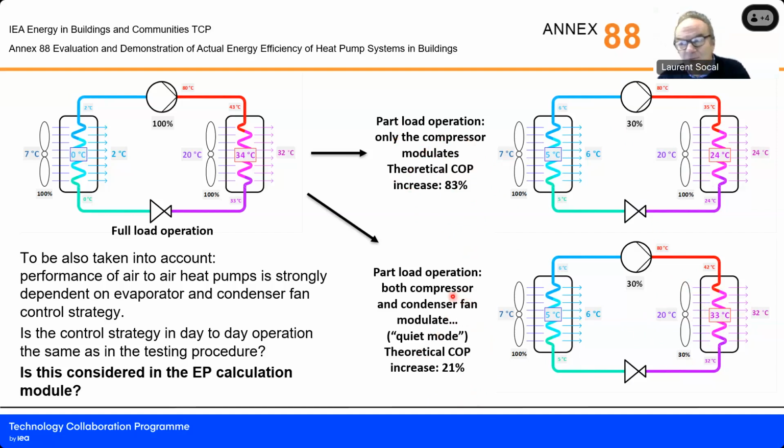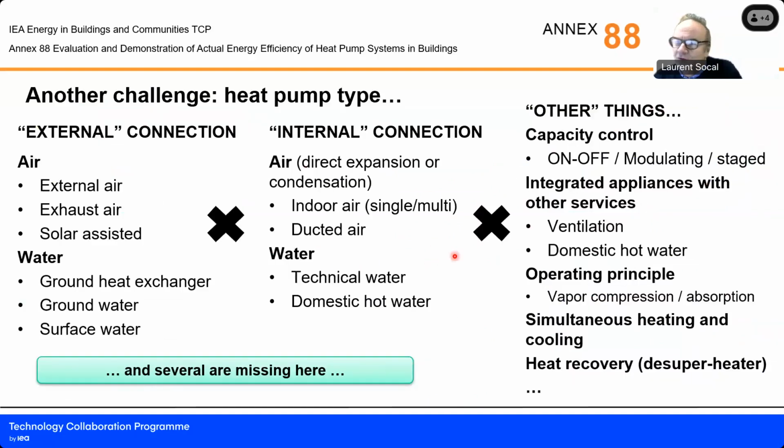And you could think about, is this taken into account in testing and calculation method? This is just to say that there are really a lot of things to be taken into account in a very various world, because we say heat pump, but actually then you have to consider you might have several.